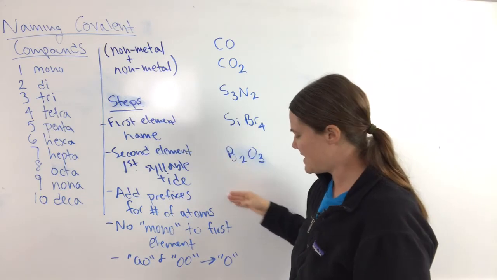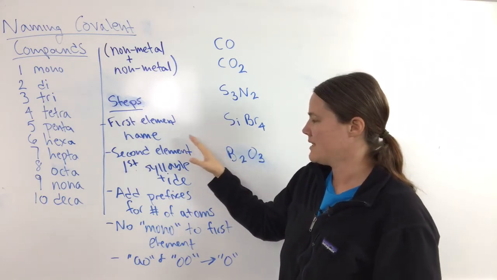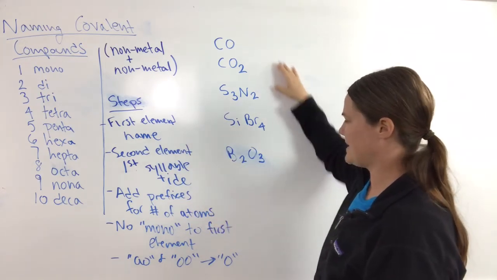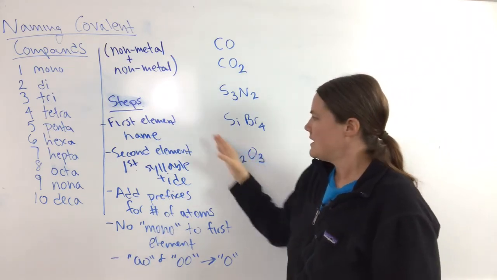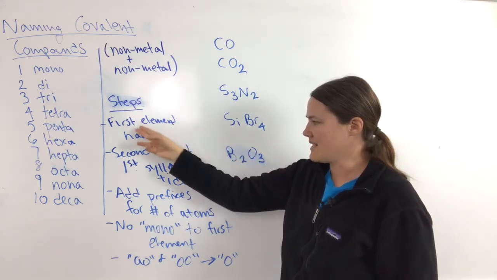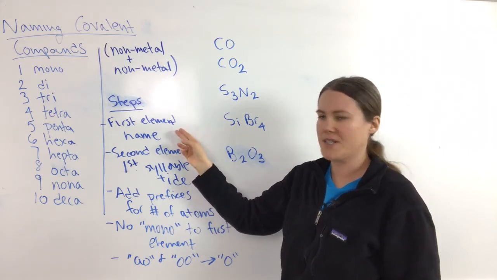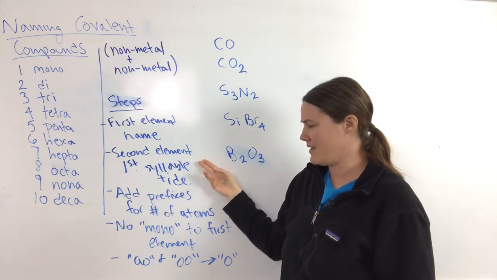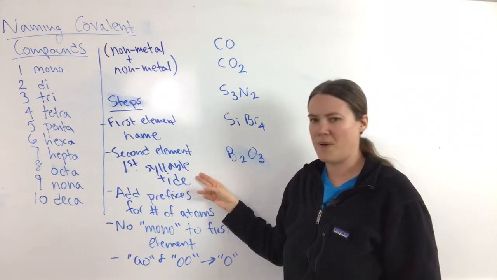There are a few steps that we follow to name covalent compounds. I'm going to go through the steps and then do some examples. First, write down the name of the first element in your compound. The next step is to write down the first syllable of the second name followed by "ide."